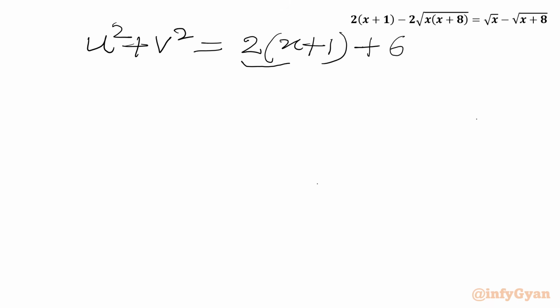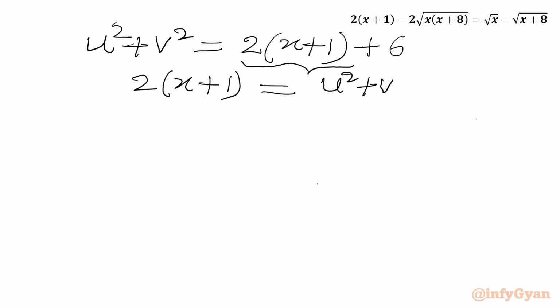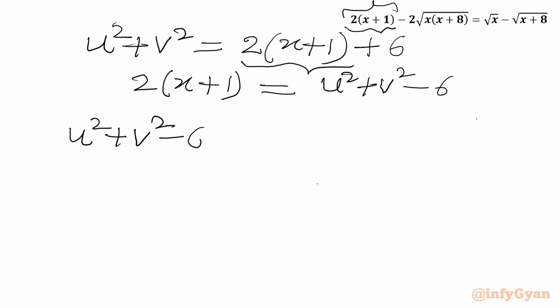So we can find 2 times (x plus 1) in terms of u and v, which will be equal to u square plus v square minus 6, which we are going to plug in over here. So we can write u square plus v square minus 6. Then we have minus 2 times u times v, this is 2 times square root of x times square root of (x plus 8) as per substitution.